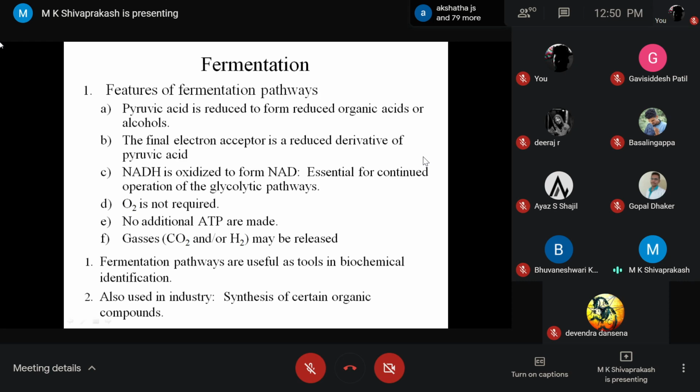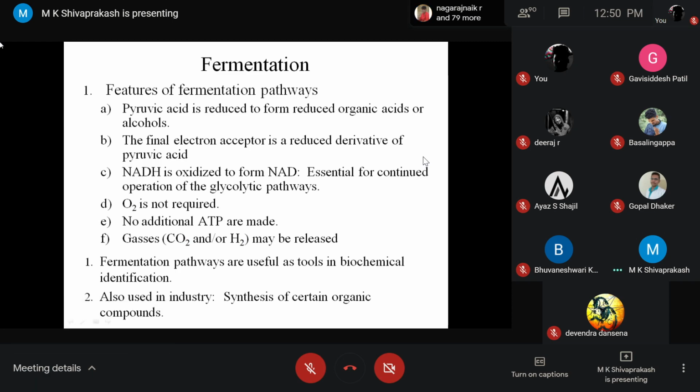There we will see how the fermentation products act as indicators for a particular organism. The fermentative pathways are useful as tools of biochemical identification. For example, carbohydrate metabolism: when a carbohydrate is fermented, you'll get organic acids.